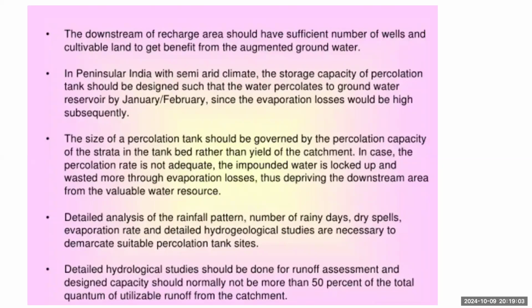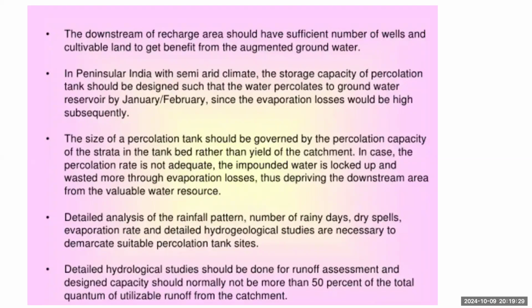In a percolation tank, the water is not conveyed to the field by means of a canal or pipeline. Its purpose is only to recharge the ground aquifer and to raise the water level so that the water can be economically tapped by the farmers on the downstream side.